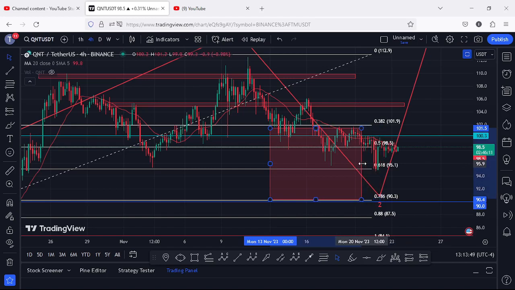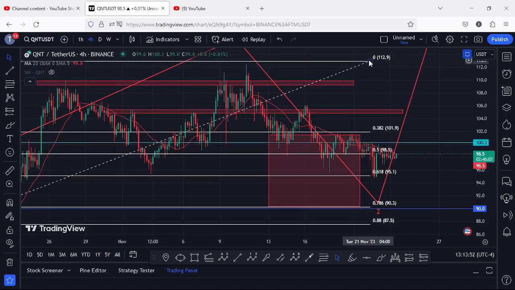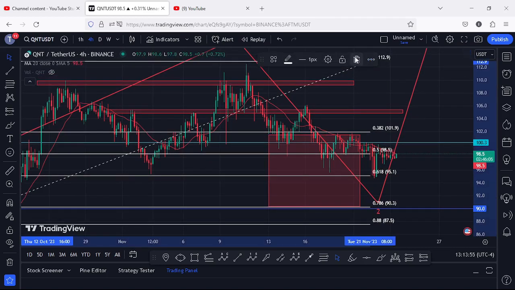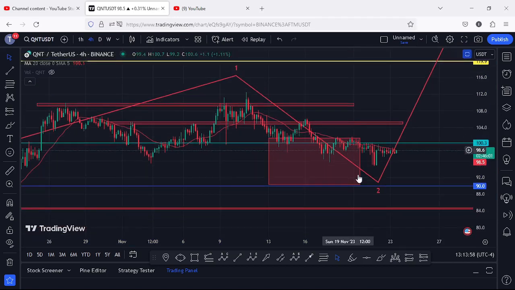And you can see that at the time of this recording, we have seen a pullback into the area, and we almost fully maximized the area, and there are chances that we now have a low in place for the second wave.